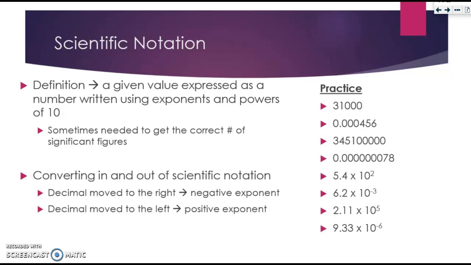To convert in and out of scientific notation, if we're moving our decimal to the right, because the number is small to begin with, we're going to end up with a negative exponent. If we're moving our decimal to the left because the number is large to begin with, we're going to end up with a positive exponent. You always want to make sure that you put the decimal after the first non-zero digit.